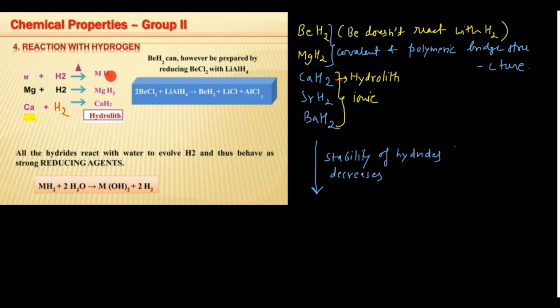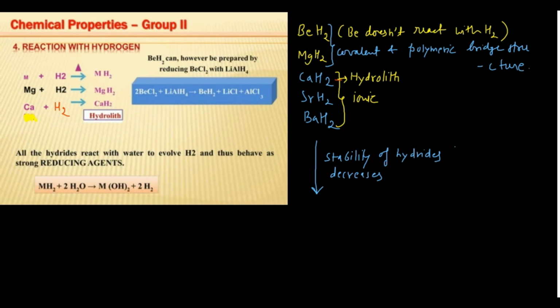So for the preparation of beryllium hydride, first you convert beryllium into beryllium chloride, and that beryllium chloride is reduced with the help of lithium aluminum hydride to get beryllium hydride. Okay, so this is the reaction which I have written here. This is very, very important, and this reaction should be there in your notes also.